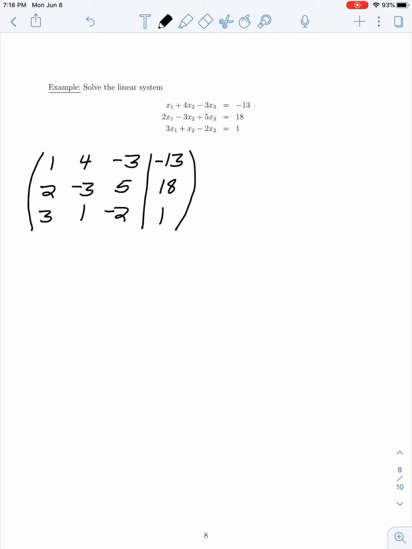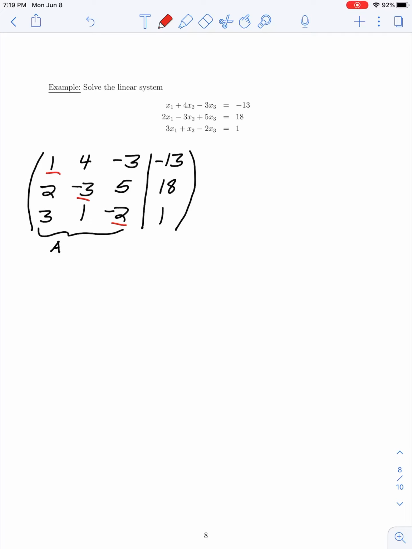So we have the following matrix, and again, our goal here is to transform this coefficient matrix A into the form where we have 1 for the coefficients of x1, x2, and x3 in each of our 3 rows, and then zeros everywhere else. So let's see how we could get that.